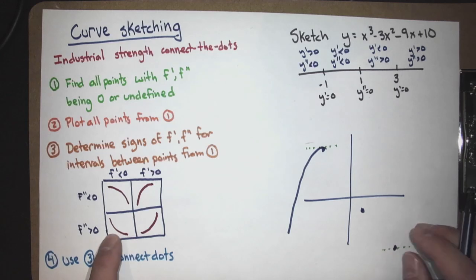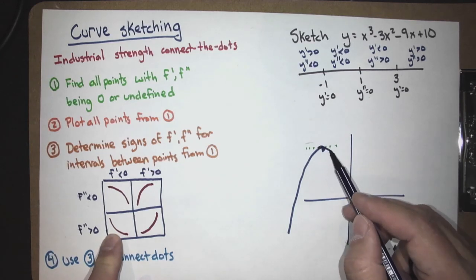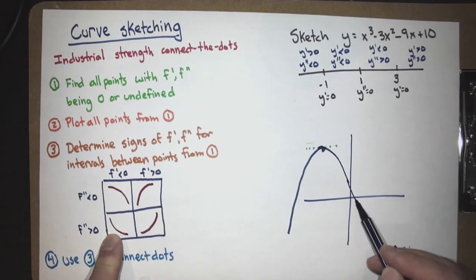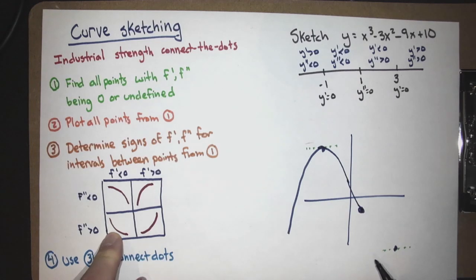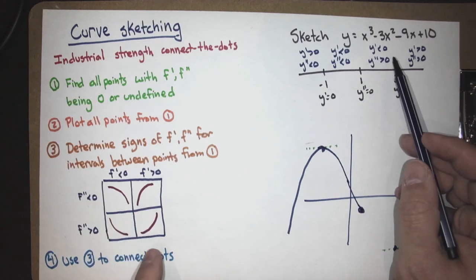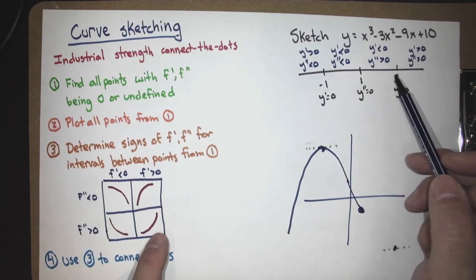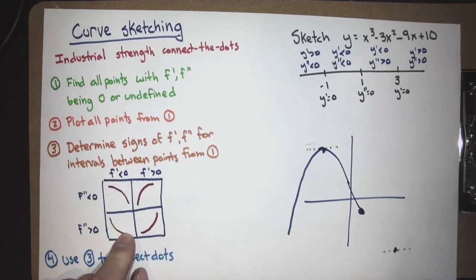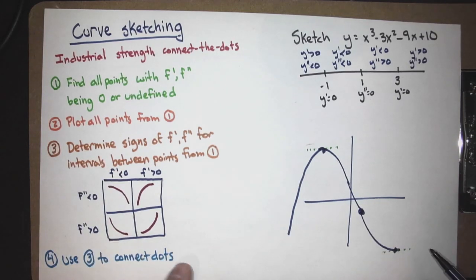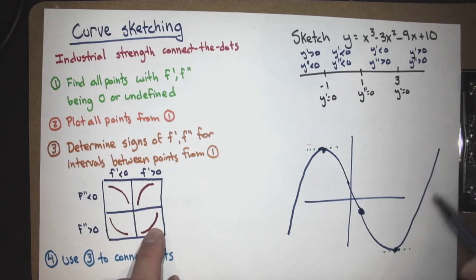Okay, negative, negative says we have to look something like that. Then we have our inflection point. Then we have first derivative negative, second derivative positive, and that would be here. So we're going to start bending back to 0, and then finally we come up like this.